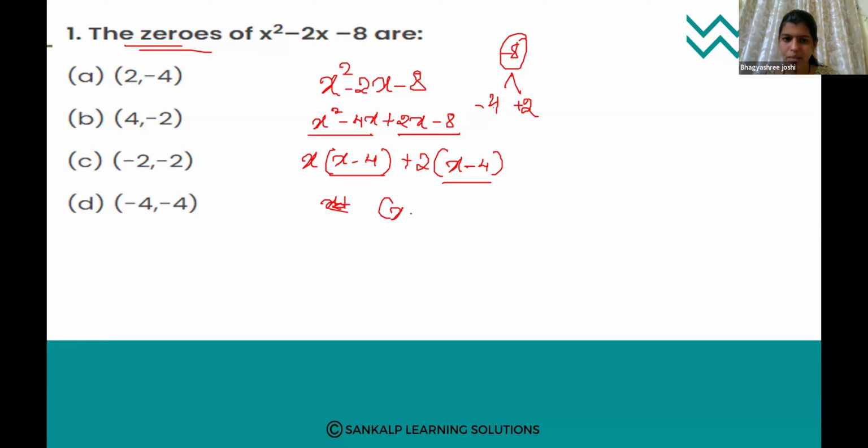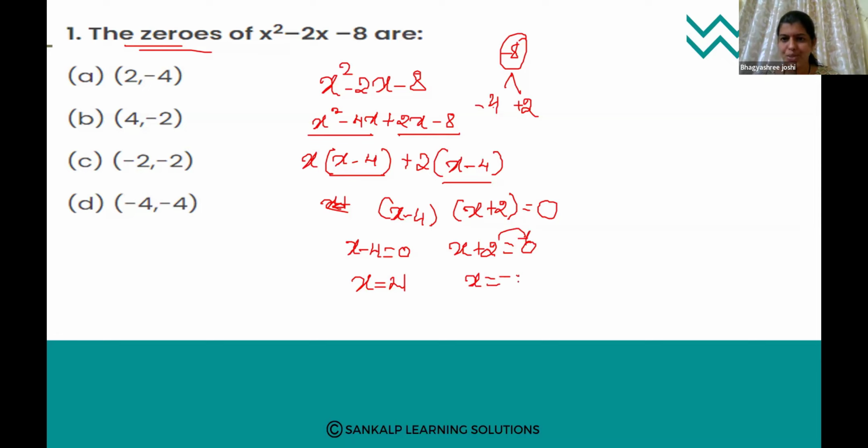Sorry. X minus 4 and x plus 2. These two are the factors of this quadratic polynomial. Next step, equate with 0. X minus 4 equal to 0. X plus 2 equal to 0. X equal to, transfer this minus 4 to this side. X equal to 4. Then x equal to minus 2.